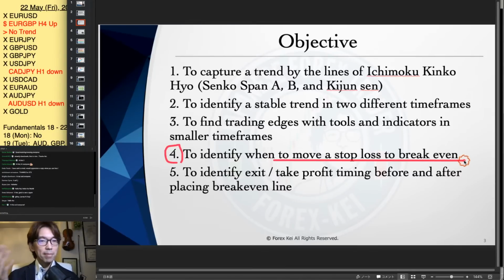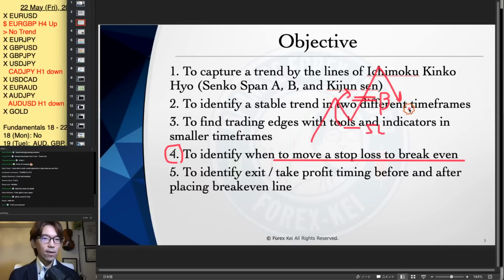And when the time comes, I move that stop loss to break even. So when I buy here, the initial stop loss will be here, slightly low, and I move the stop loss to break even at some point, slightly above the buy position, so that even if the price comes backwards this way, I won't lose money.